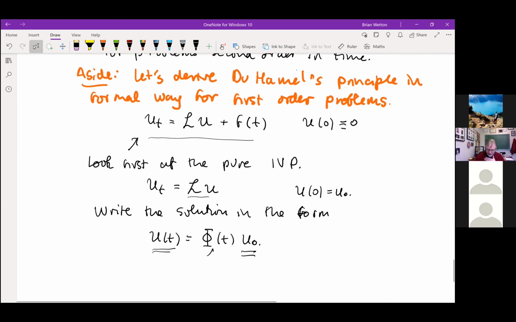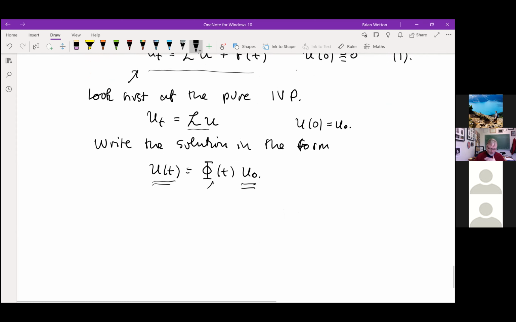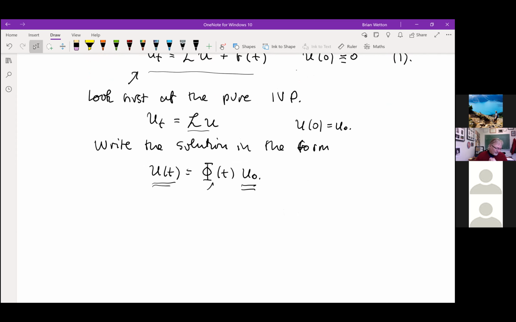So now I can go back to the forced problem. And we've seen a number of examples where this works. The problem 1 is formally solved. By formally, I mean it's an expression which you have to make sure makes sense for the problem that you have.